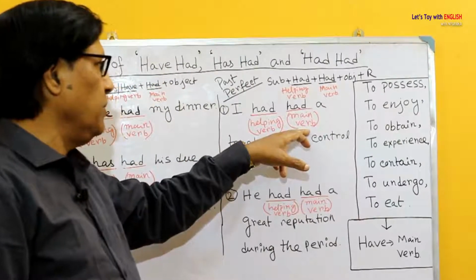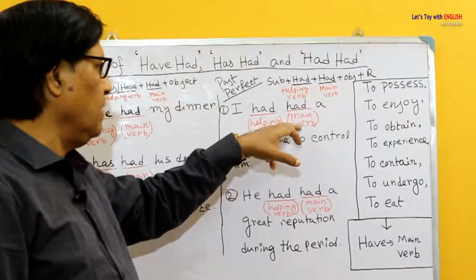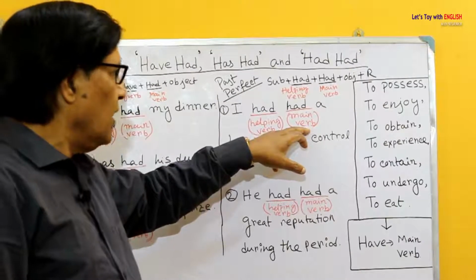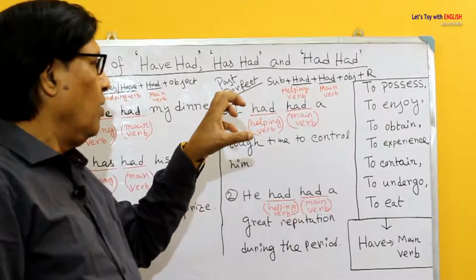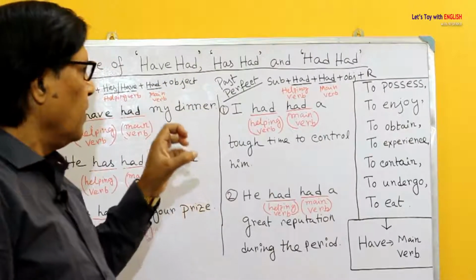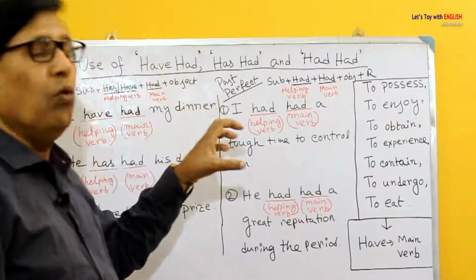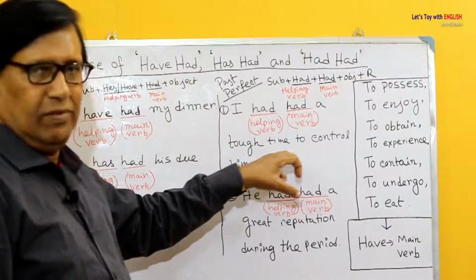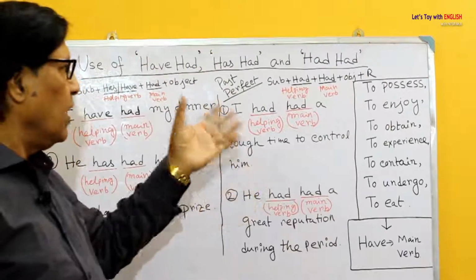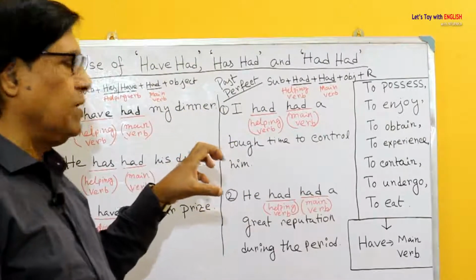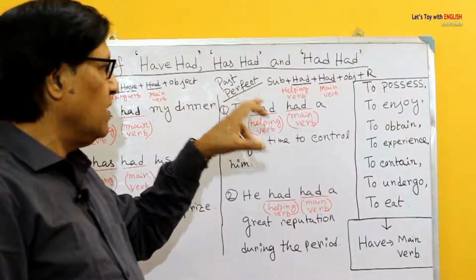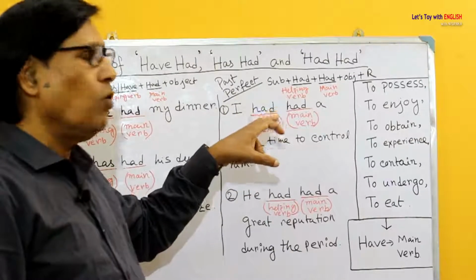Here, what does it mean? He had had a tough time means he had undergone, that is, he had to put up with, or he had to undergo this type of pressure, that is the tough time to control him. It was a very tough situation and he had to control the very person. So this had is mentioning the verb itself, what role it is playing here.